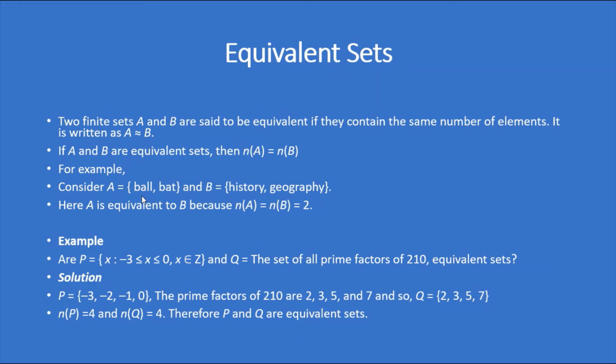See here, only two elements are in A, and again in B too, only two elements are present. So n of A is equal to 2 and n of B is also equal to 2. So here A is equivalent to B because n of A is equal to 2 and n of B is equal to 2.